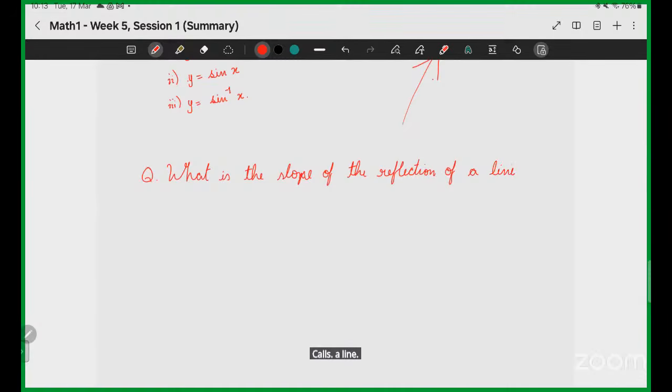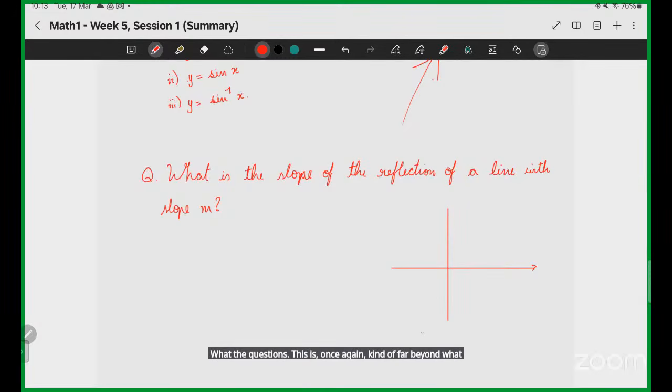Reflection along y is equal to x, again with slope m. This is a good exercise. So first let me explain what the question is. This is once again kind of far beyond what is required, but it's nice.